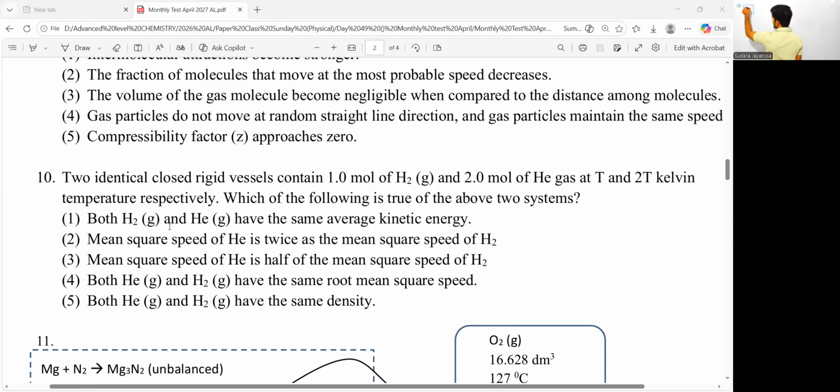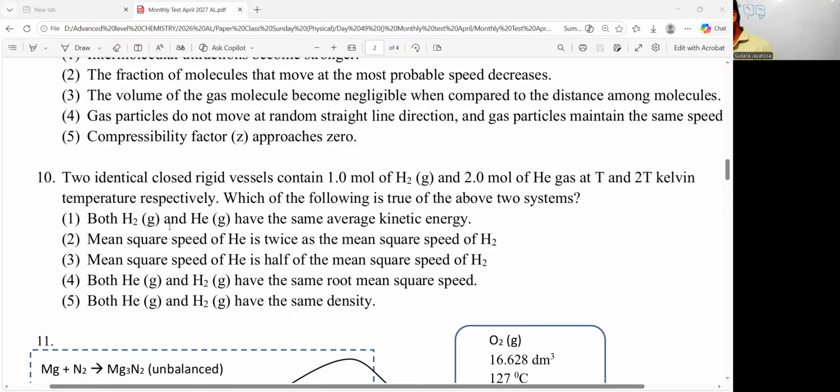Here you have H2, 1 mole at T temperature, and in the next container you have helium, 2 moles, at 2T temperature. The first statement says both hydrogen and helium have the same average kinetic energy. You know that is wrong.